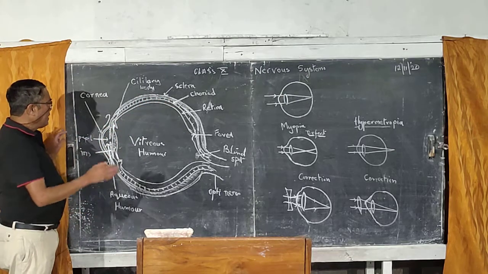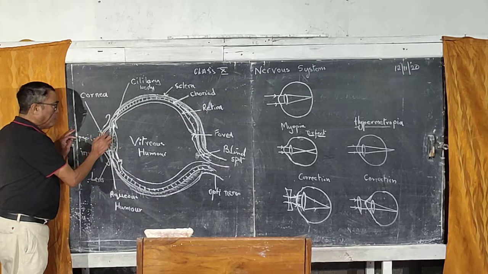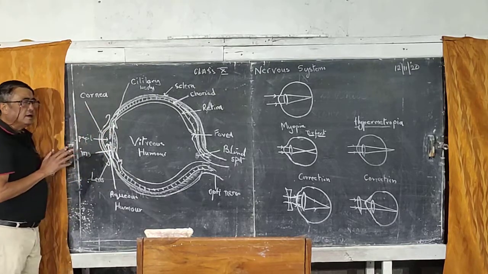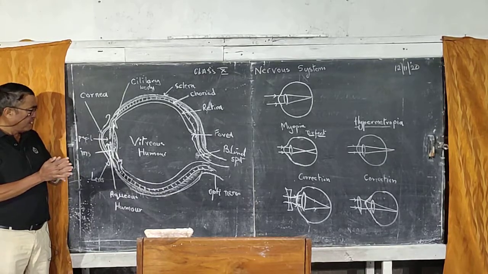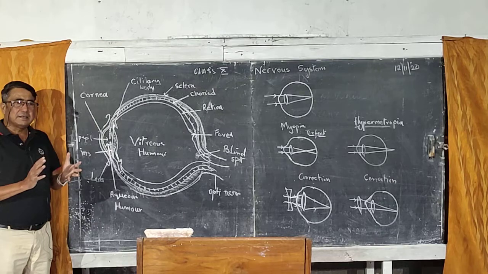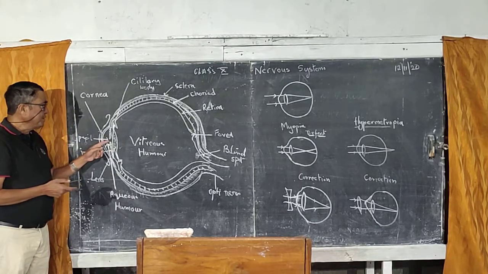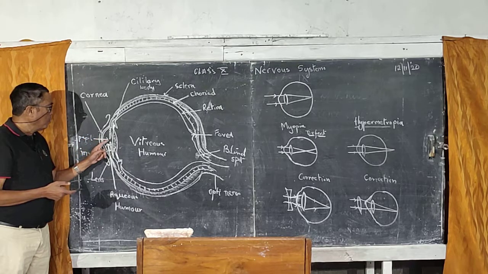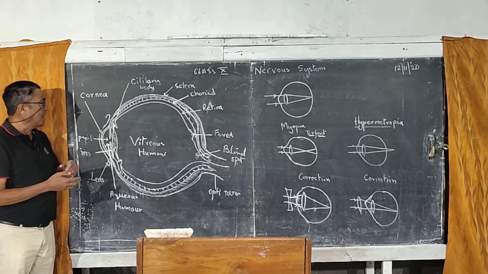In front of the lens and behind the cornea, the choroid is differentiated to form a circular patch of muscle called the iris. These muscles contract and relax, thus helping to increase or decrease the size of the pupil. The pupil is a small hole in front of the eye through which light enters the eyeball.